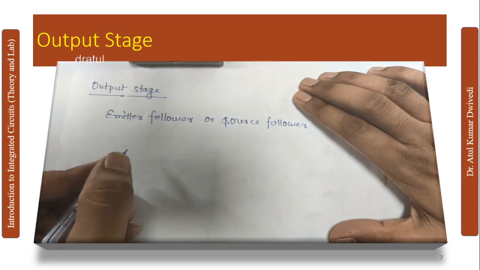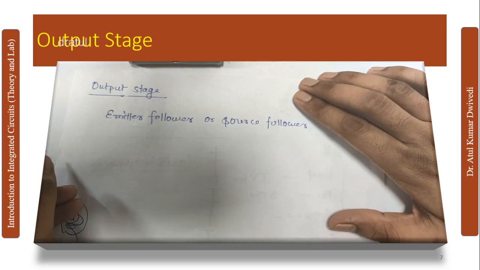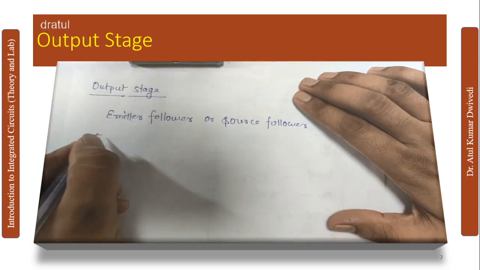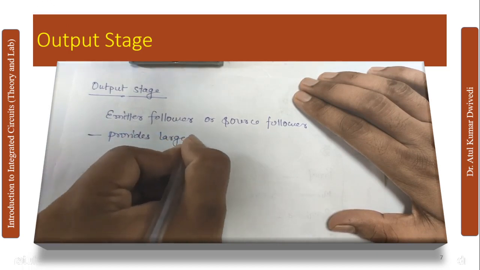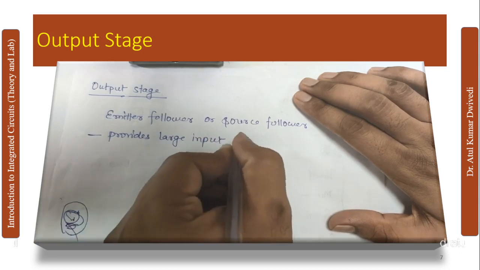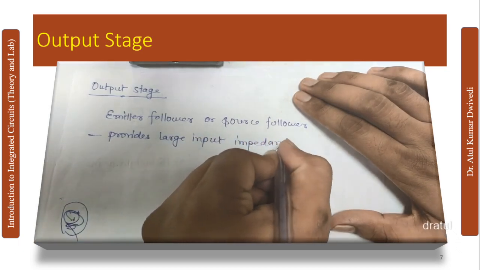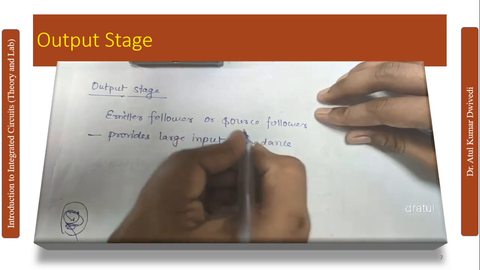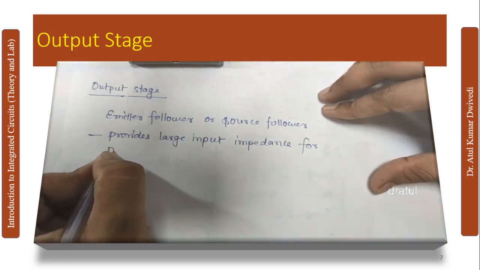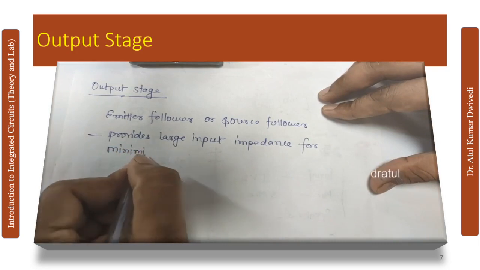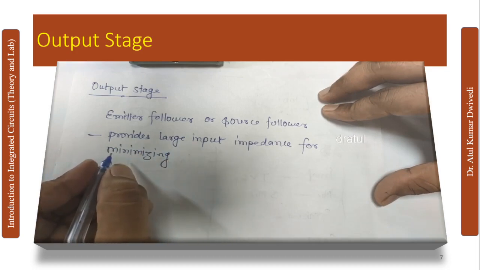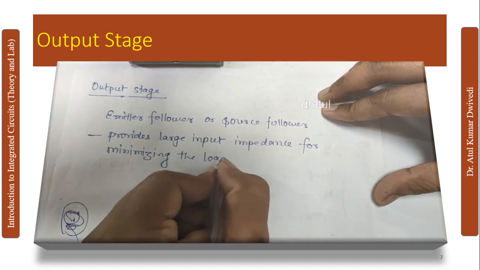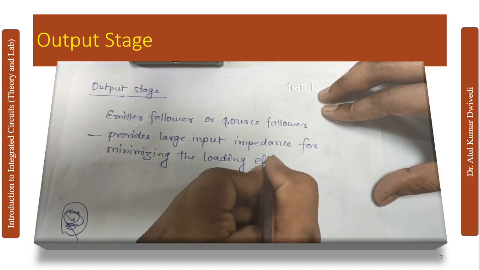It provides large input impedance for minimization of the loading effect, and ideally this stage has gain 1. This stage doesn't provide any gain. For gain, there is another stage called the gain stage, providing very high gain. This stage is basically for the output, meaning the load, to minimize the loading effect. Okay. So this circuit is the source follower circuit.